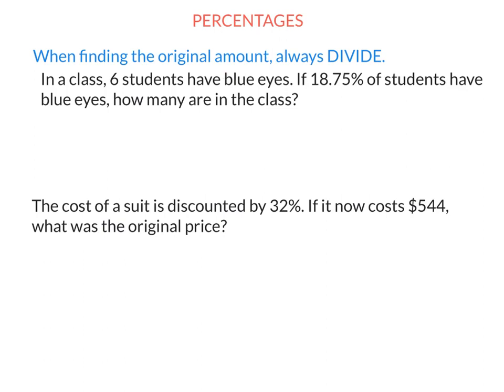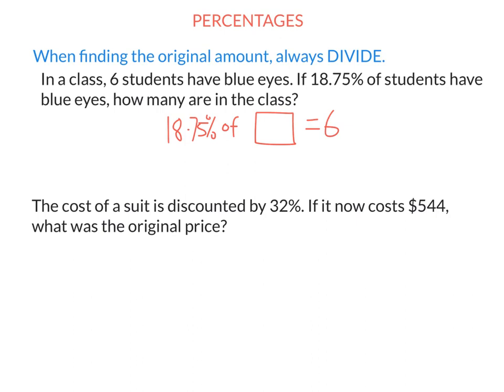What we're saying is we've taken some number, so that is the number of students in the class. We found 18.75% of this number, and that has somehow given us 6. So 18.75% of the class is equal to 6 students, in this case, that have blue eyes.